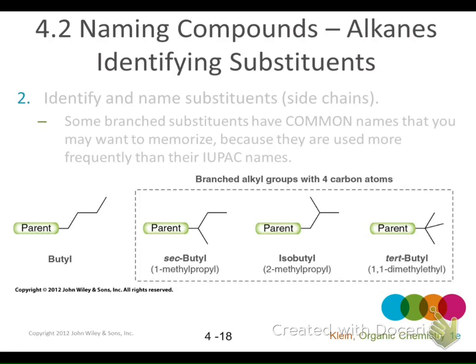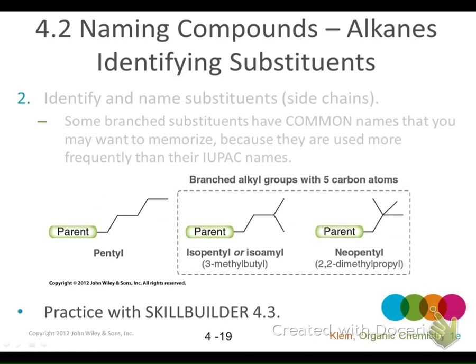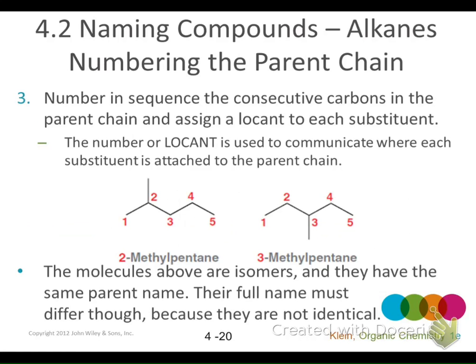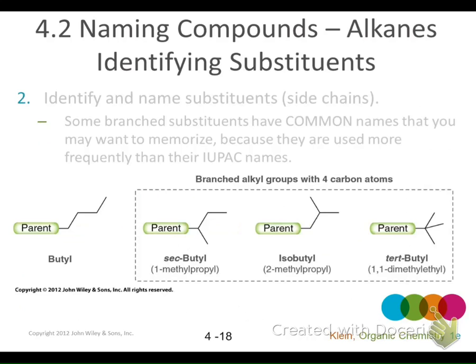Now, different kinds of carbons. I'll give you some of the names for these kinds of carbons that they don't show on here. So, I'm going to draw a structure that looks like this.